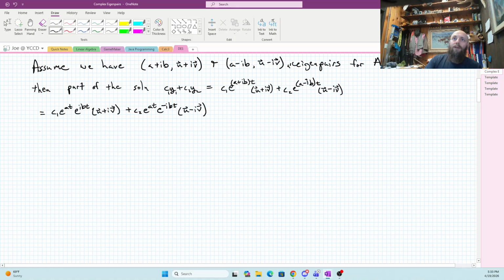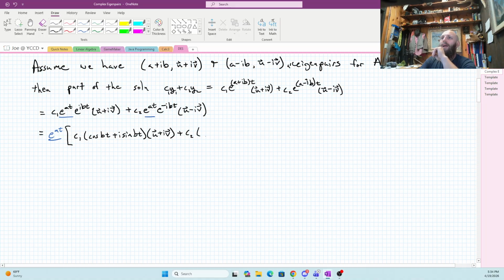Okay, now my next thing I'm going to do is use a little bit of factoring. I'm going to notice that there's e to the at's in common here, so I'm going to write an e to the at out front. Then we're going to make a whole big bracket. We're going to get a C1, and I'm going to write this using Euler's, which is going to be cosine bt plus i sine bt times (u plus iv), plus, out of this guy, I got a C2.